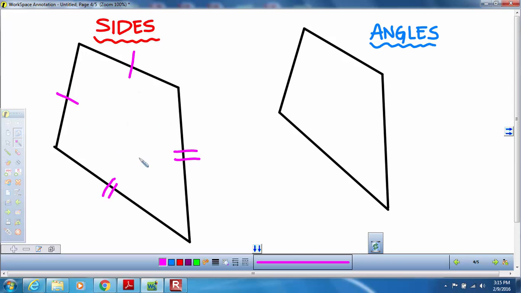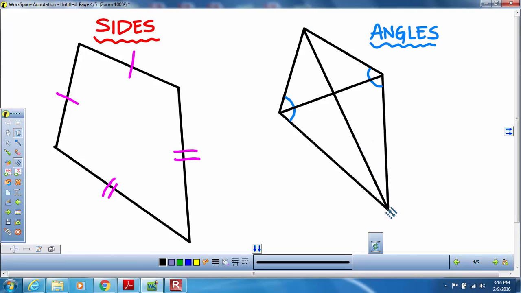And that's all we really need about the sides. But for the angles, we know opposite angles are congruent, and so we have this angle and this angle is congruent. Our diagonals help us form 90 degrees in the center. So we're going to go ahead and draw our 90 degrees.